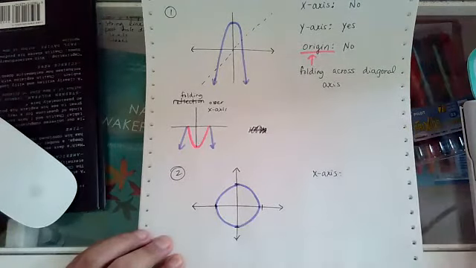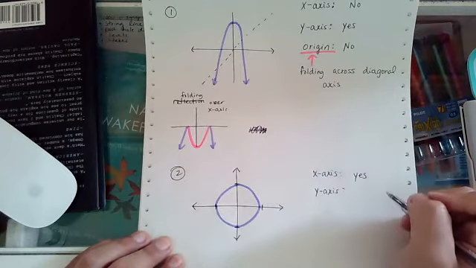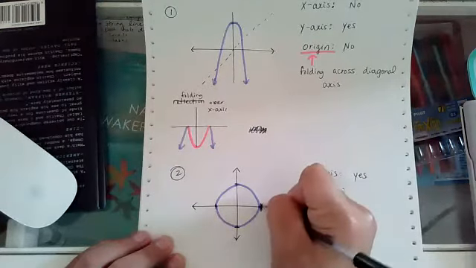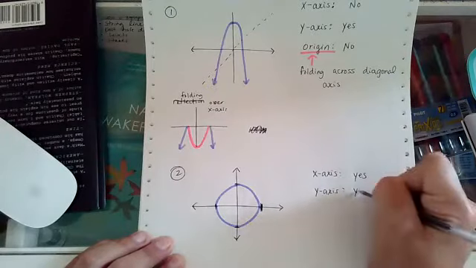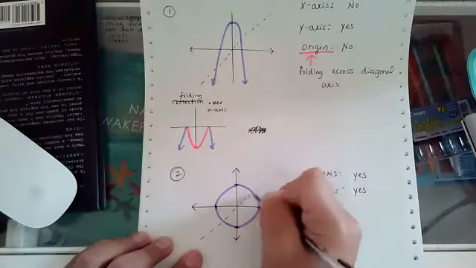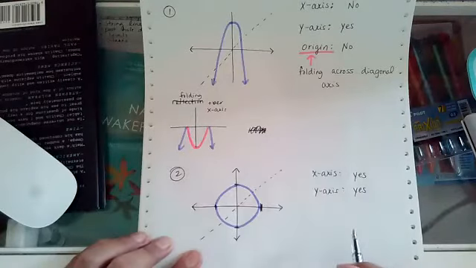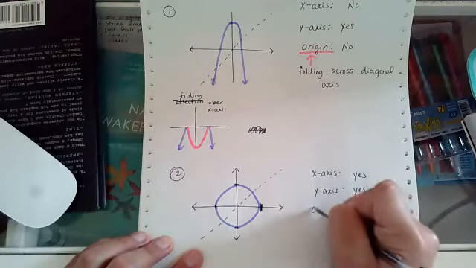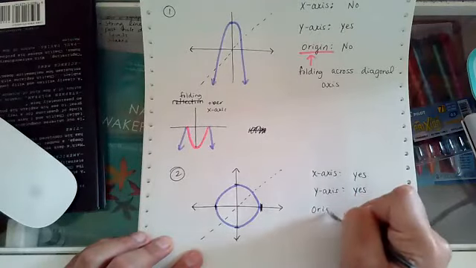If you folded it over the x-axis, would it fall perfectly in line with itself? Yes. What about the y-axis? Let's pretend that this is a perfect circle. Yes. If I folded it across some perfectly diagonal axis, would it fold over on itself? Yes. So this one has all three symmetries.